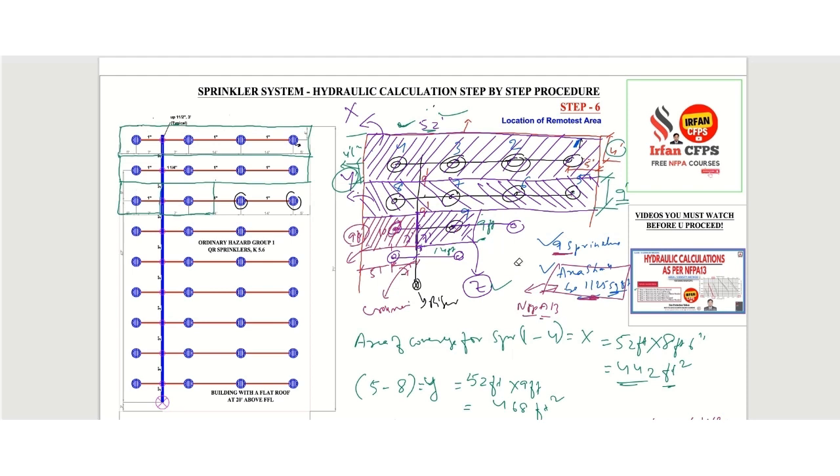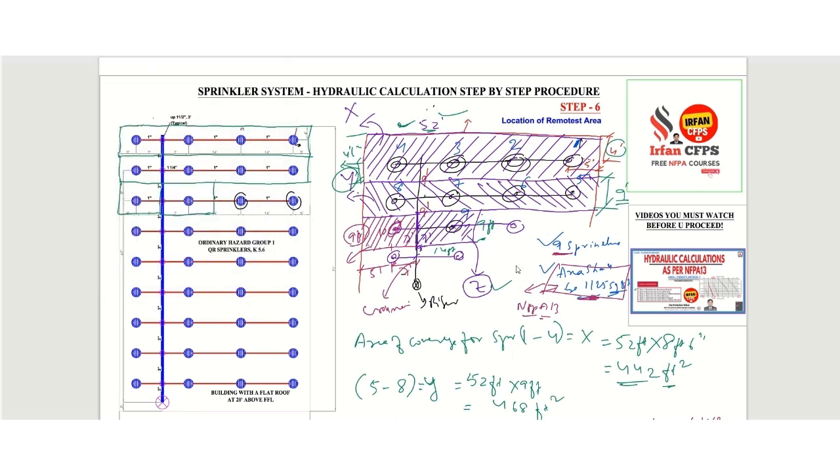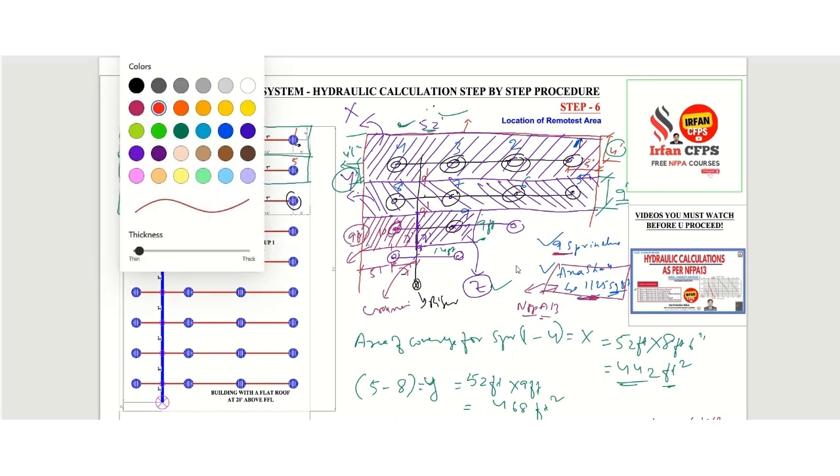So now I will take a red one, which is better. So 1, 2, 3, 4th sprinkler, 5, 6, 7, 8 sprinklers, 9th sprinkler, and this is the 10th sprinkler. So basically we consider 10 sprinklers.